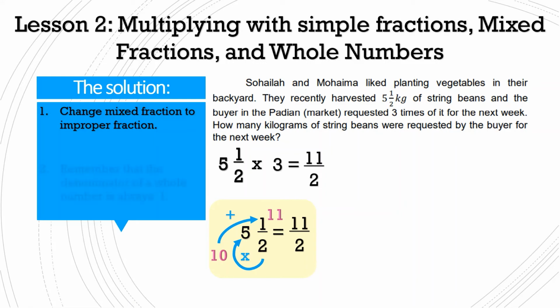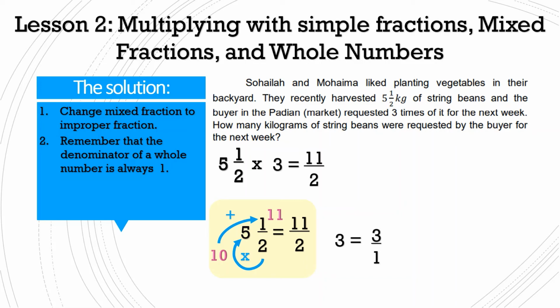The next thing that we are going to do is to remember that the denominator of a whole number is always 1. So for the whole number, which is 3, we are going to write it in fraction form. So 3 will be written as 3 over 1.